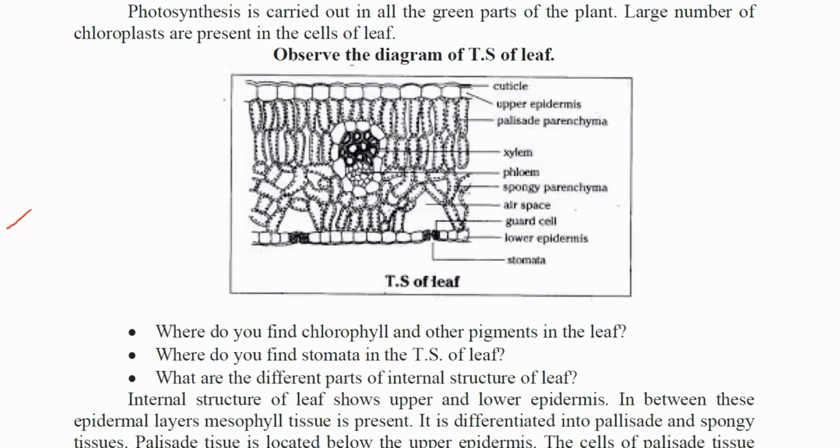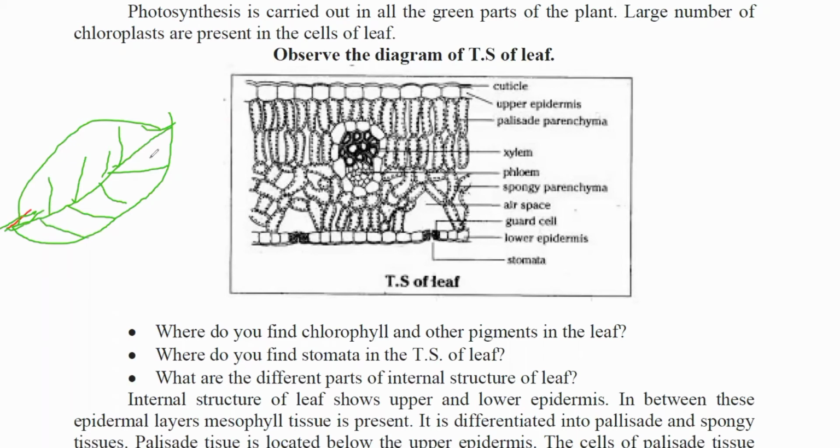Now, a green leaf. This is the leaf. Imagine this is the midrib, and these are the veins and veinlets.